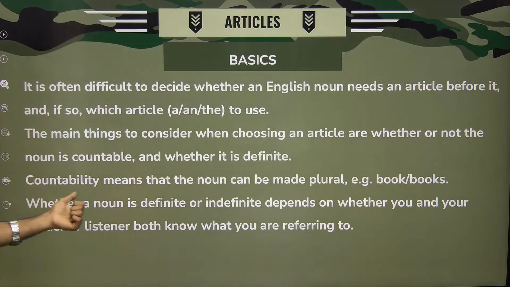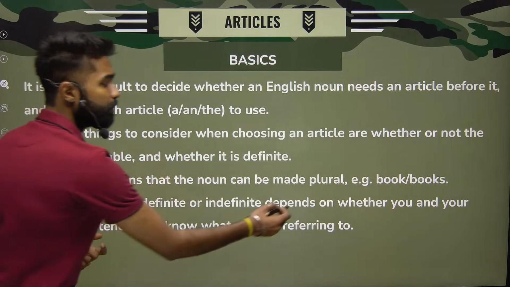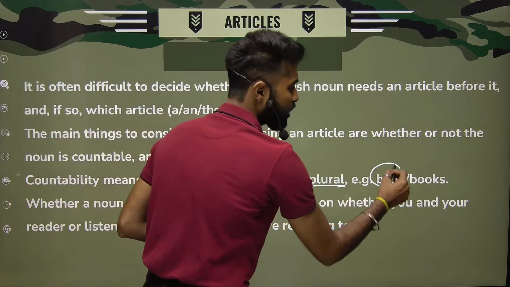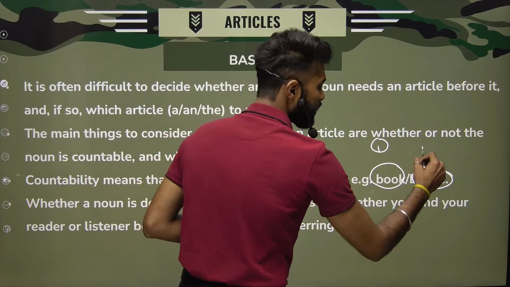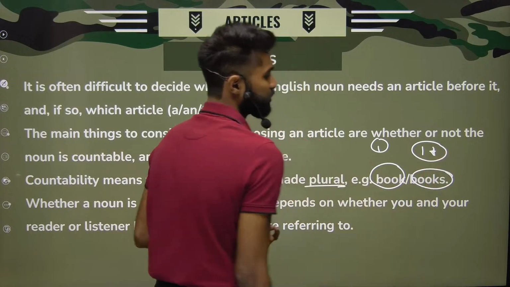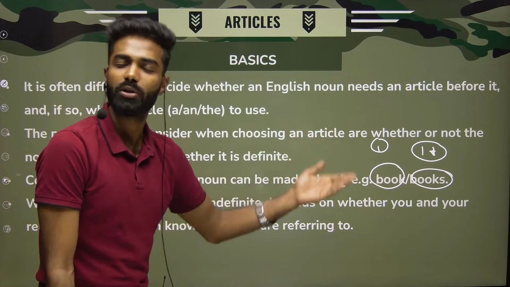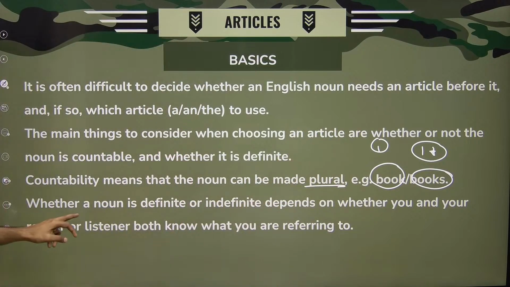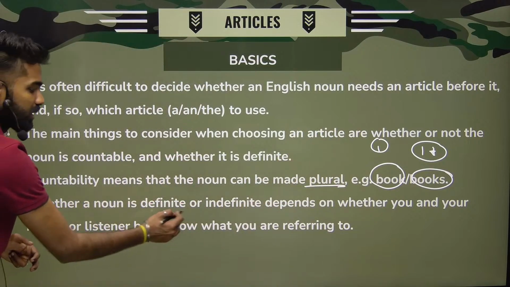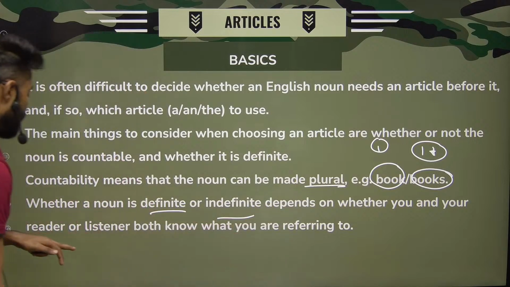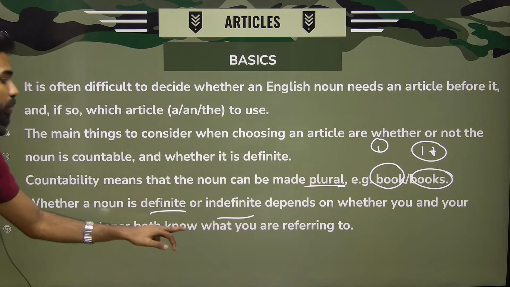So yeah, countability means that a noun can be made plural. For example, see, book is singular, books are plural, okay, one plus. So this is called the countability of a noun. If a noun can be counted, then I will call it a countable noun, all right? Whether a noun is definite or indefinite depends on whether you and your reader or listener both know what you're referring to.